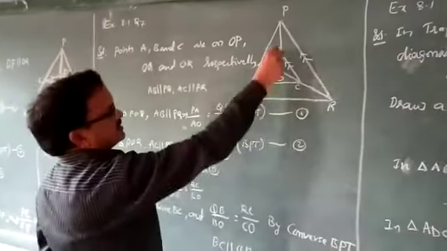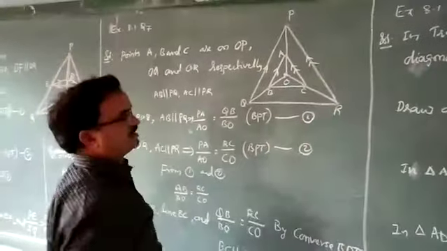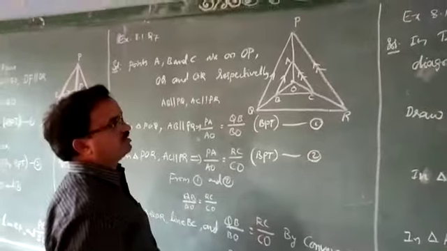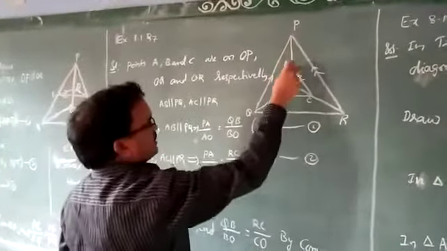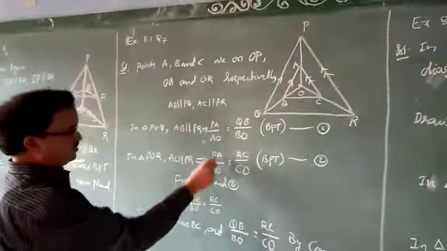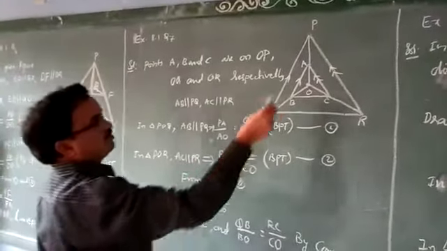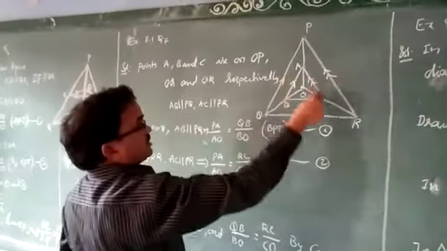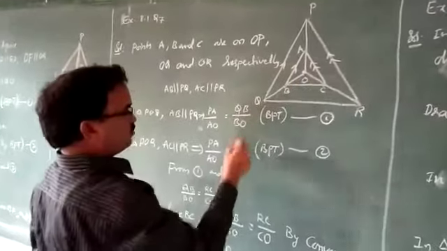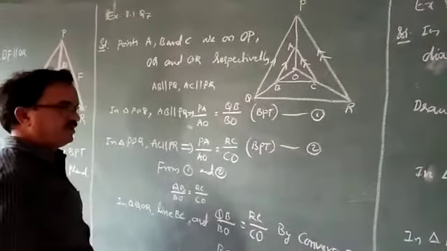In this, AC is parallel to PR, already given in the problem. So PA by AO is equal to RC by CO from BPT.